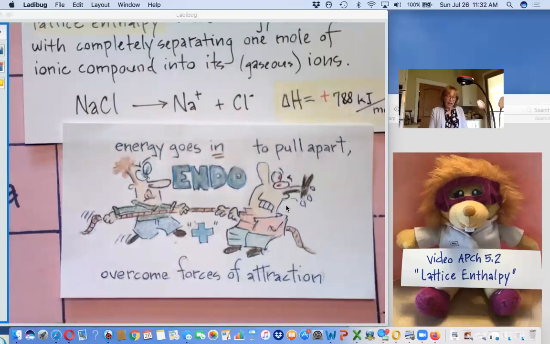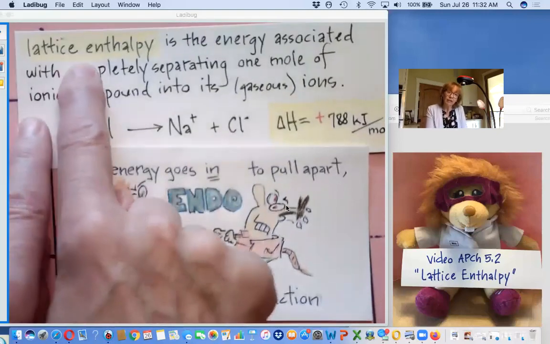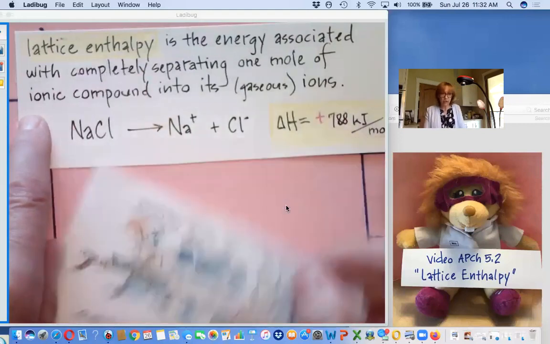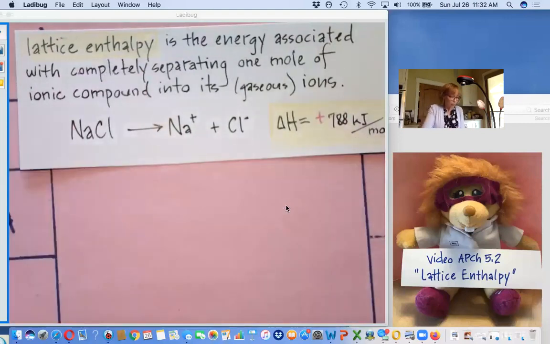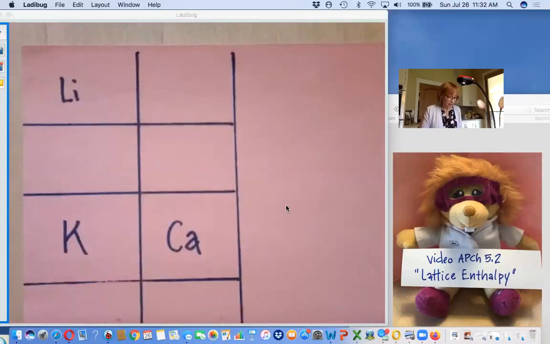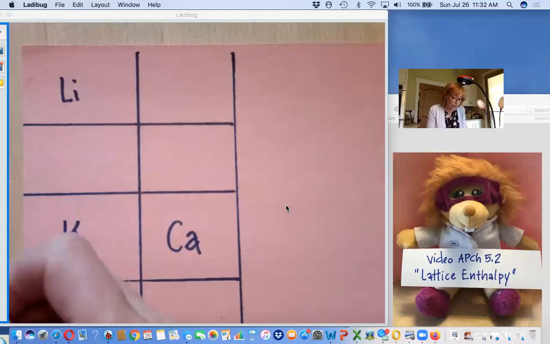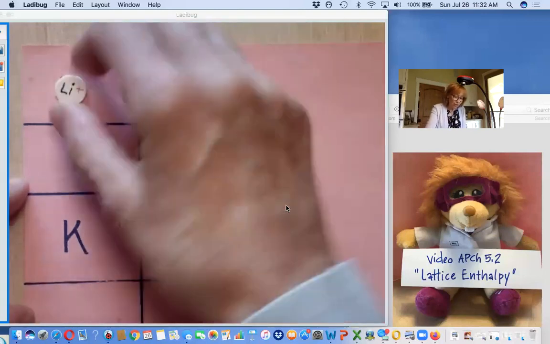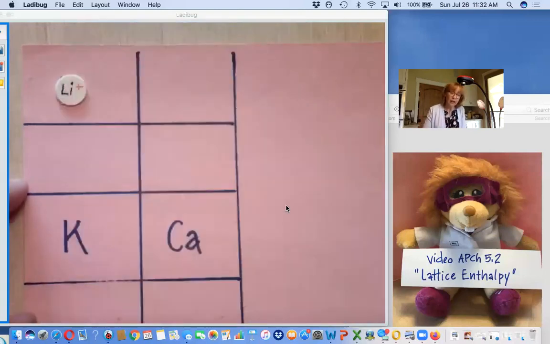So we're going to look at the specific amount of energy that is required to do that for a number of different ionic compounds. So let's take a look at a very abbreviated periodic table here and remind ourselves what we said in an earlier unit about size of cations and anions. First of all, we said that cations are always smaller than the atoms they come from.